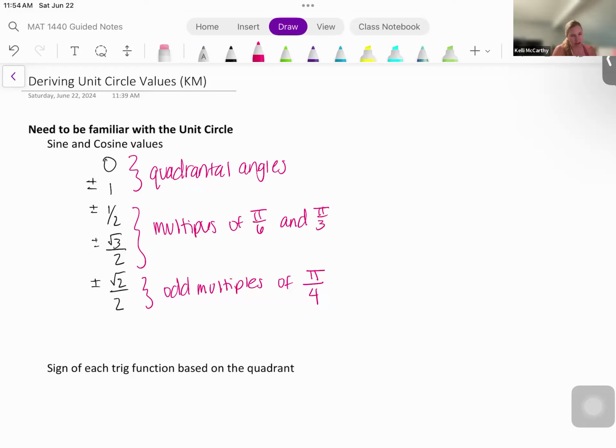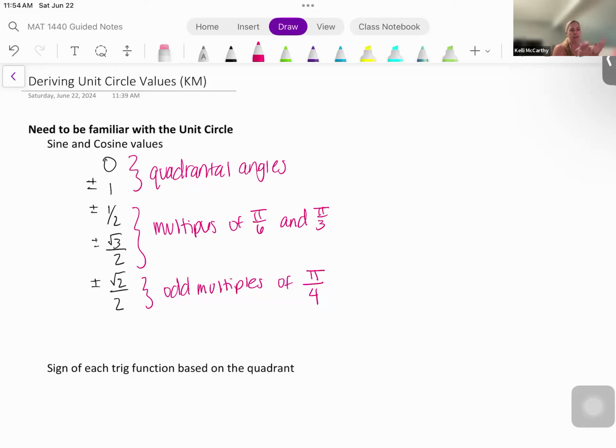Now, I generalize it to just multiples, but obviously if we have, let's say 3 pi/6, that simplifies to pi/2, which is a quadrantal angle. So I am sort of overgeneralizing here, but I think it'll be all right.